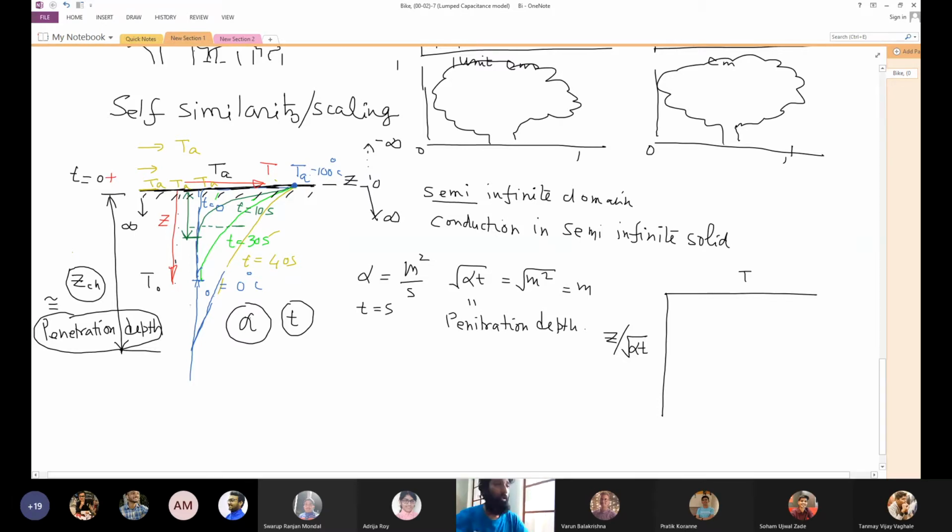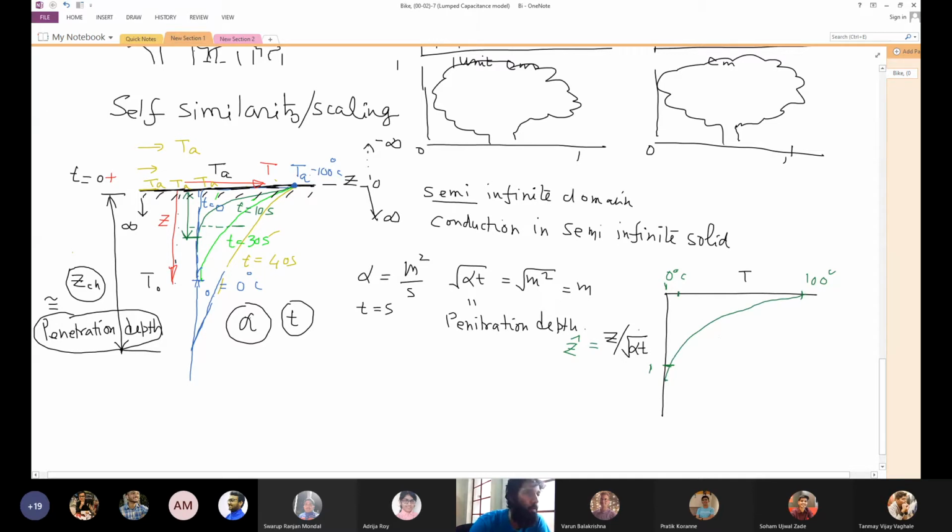This is the span of z for this case. Now we scale it by square root of alpha t, or you can call it non-dimensionalized z. So it will span from 0 to 1, may not be exactly 1, but approximately 1. And this temperature will reach from 100 degrees centigrade to 0 degrees centigrade in approximately this length. So this plot will look like this.